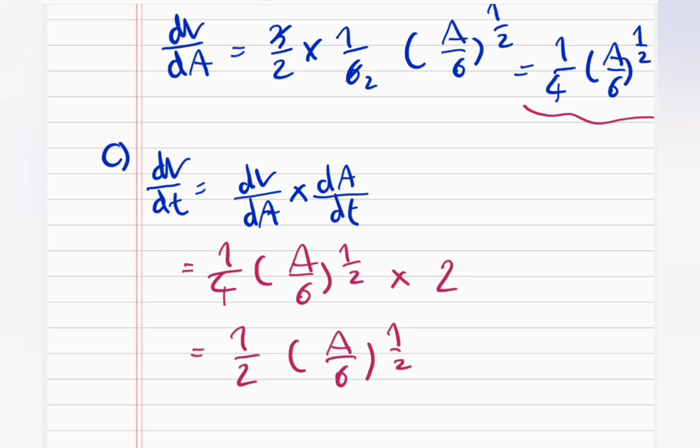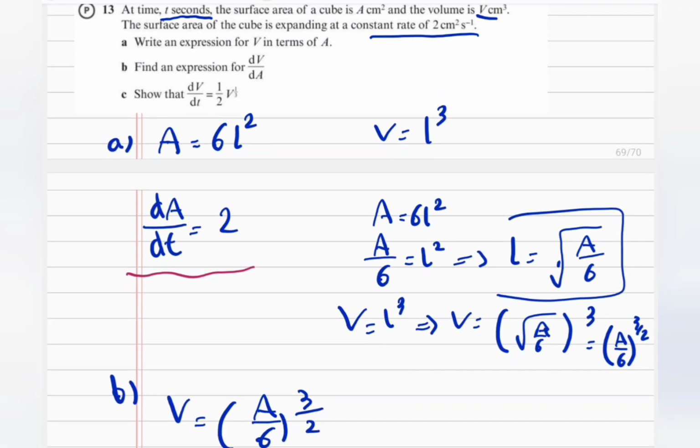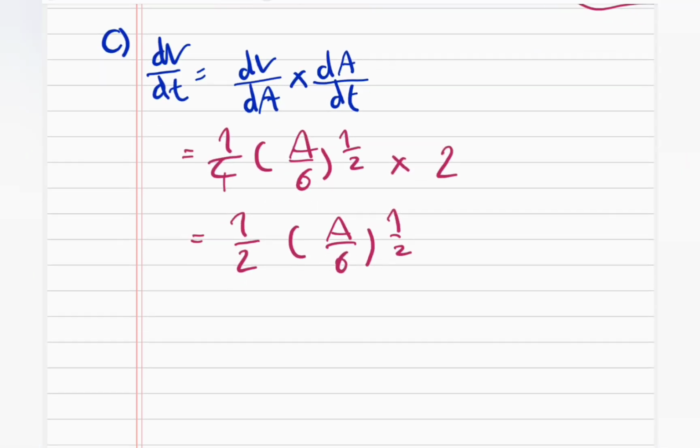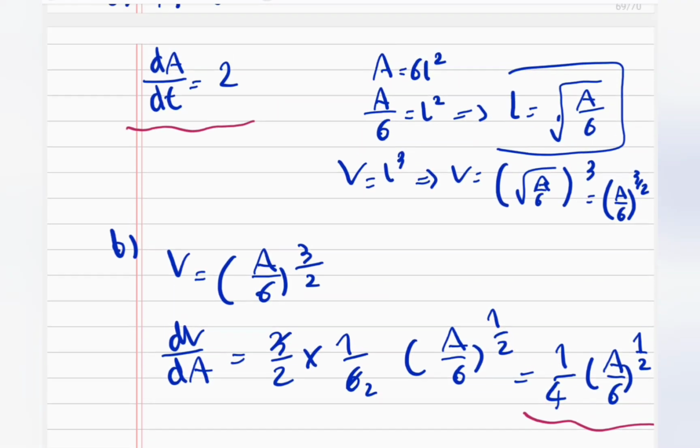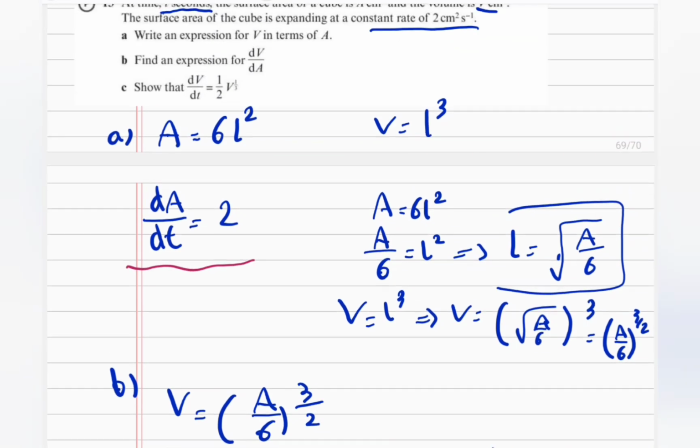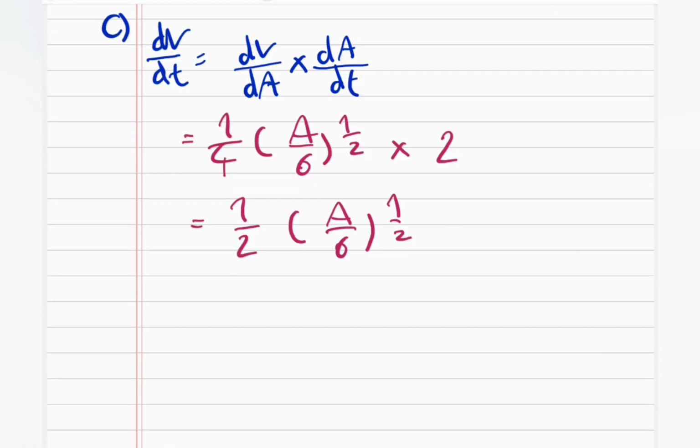But remember that the form that we are trying to find is a half V to the power of a third. So let me remind you of a crucial thing here: volume is equal to L cubed, and if you want to write L in terms of V, L is equal to the cube root of V. Okay, this is going to be useful here.